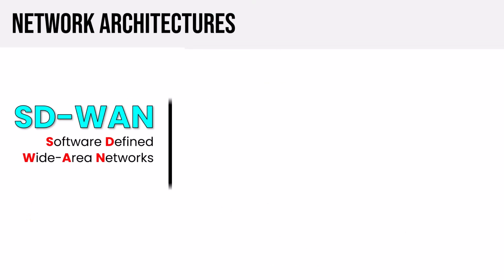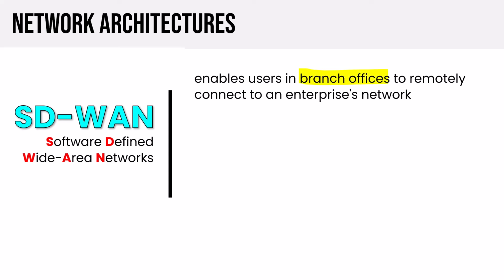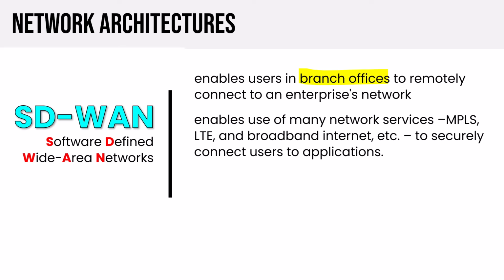Up next, we have SD-WAN, software-defined wide area networks. SD-WAN enables users in branch offices to remotely connect to an enterprise's network. It enables the use of many network services, MPLS, LTE, broadband internet, to securely connect users to applications.